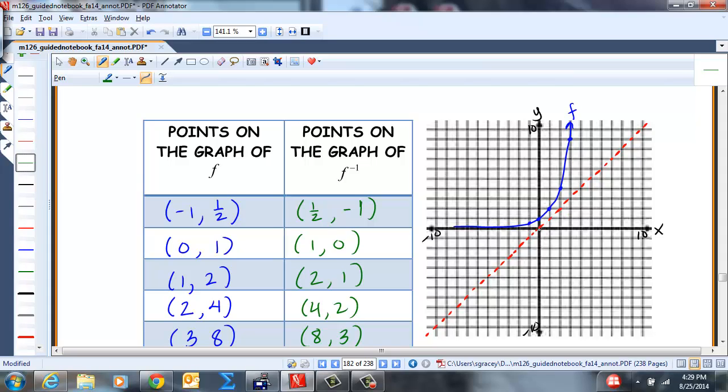We'll have 1/2, negative 1, then 1, 0, then 2, 1, then 4, 2, and then 8, 3. Instead of a horizontal asymptote, this one is going to have a vertical asymptote at the y-axis, do you see? Then it's going to look something like that. Pretty groovy, huh? So this is our f inverse.